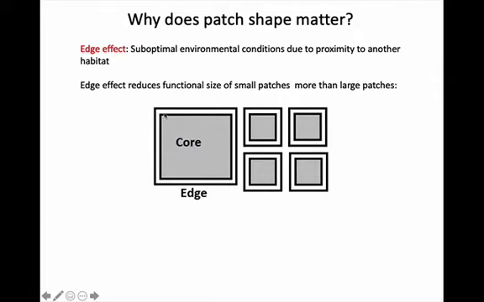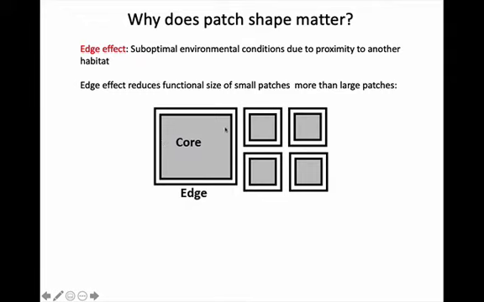So some of the area that has trees and looks like forest, in fact, will not be true forest habitat. This is functionally not the same as the inner core. So the edge effect reduces the functional size of patches. Although the patch may have these dimensions, the true forest area is much smaller.